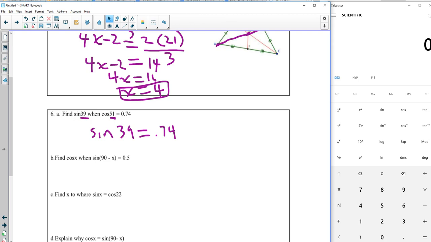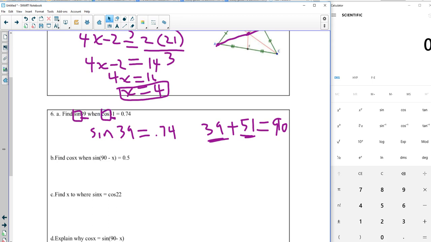For the next one, 39 plus 51 equals 90, so these two numbers are complements. Anytime they're complements, the sine of one is equal to the cosine of the other.